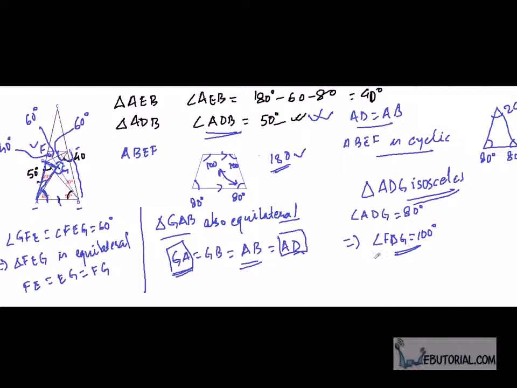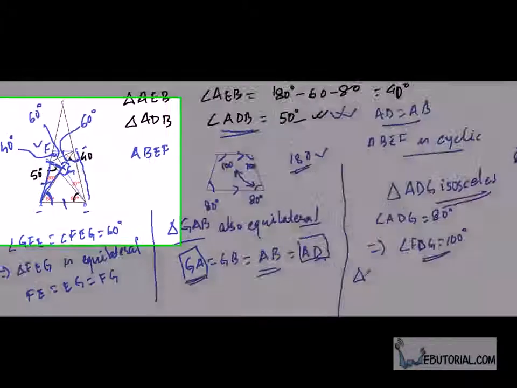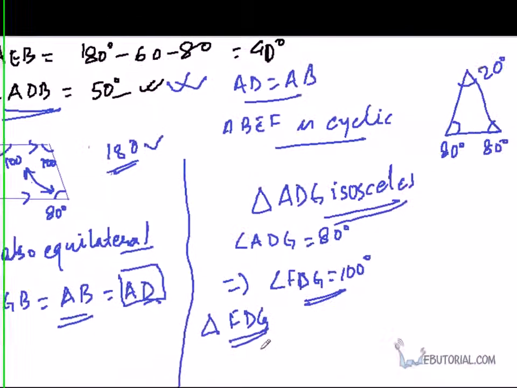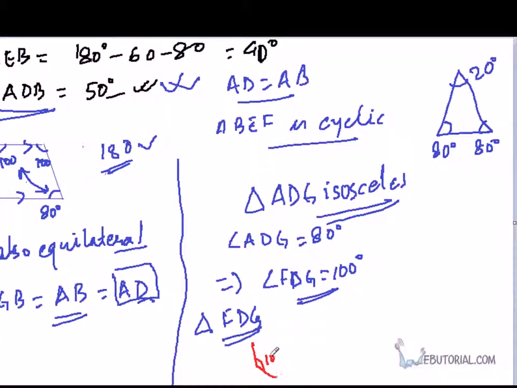Take a look, let me draw a line in triangle FDG. In triangle FDG, what is happening is that we have an angle FDG 100 degree, we have this angle as 40 degree that we had found over here. Let me locate it for you.